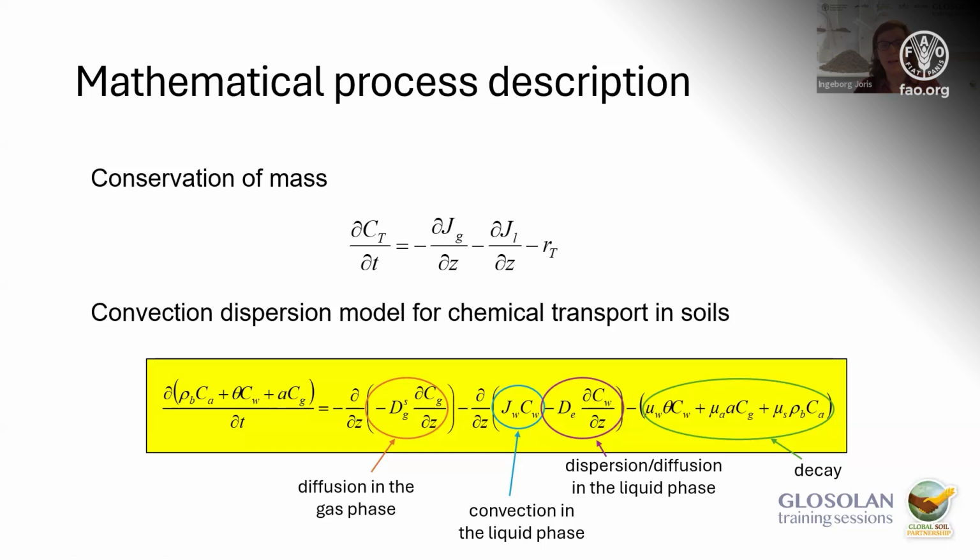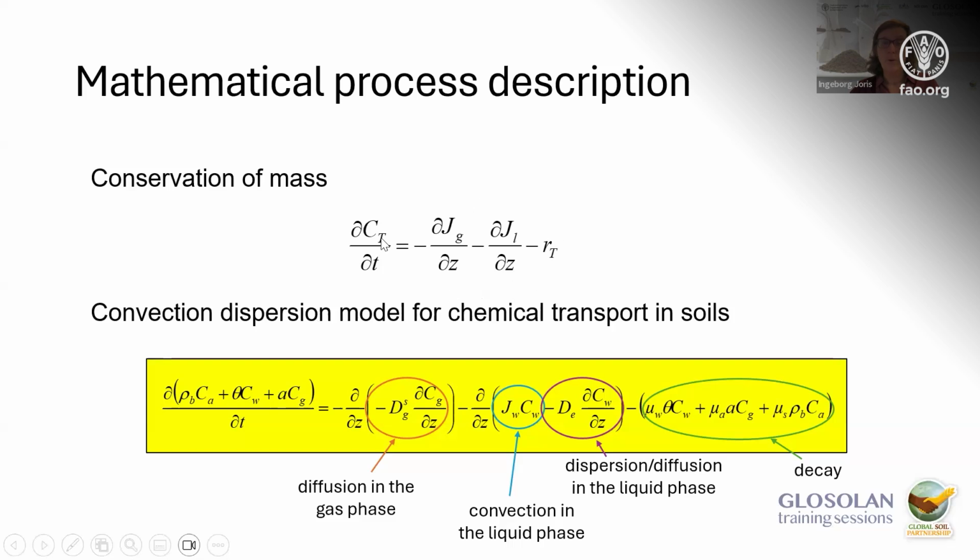So this just describes the conservation of mass in a small volume. You have the difference of what comes in and goes out, and then what gets degraded inside this volume. This has to even out. So the changes in concentration are the sum of these fluxes in and out and what's degraded.